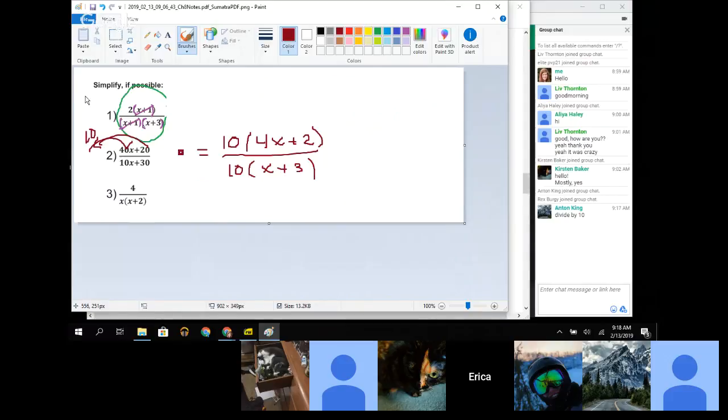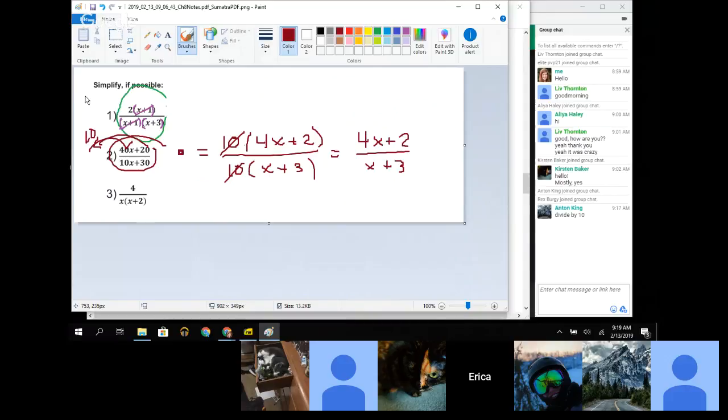If I rewrite my rational expression like this, then all of a sudden I do have multiplication in there. I have 10 times something in the parenthesis divided by 10 times something in the parenthesis. So because I have multiplication now, I'm allowed to cancel out my 10s. And so I can rewrite this as 4x plus 2 over x plus 3.